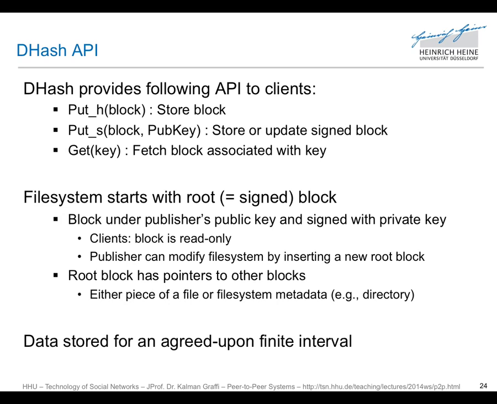Because if you would leave it like this, then data will be stored forever in the network. Even if you delete it, you would just delete the pointer. So you need some kind of garbage collection, and this is done by the concept of storing it only for a finite time. So let's say a few days.